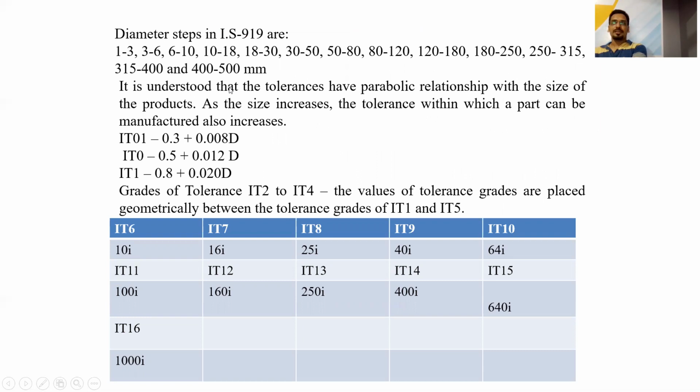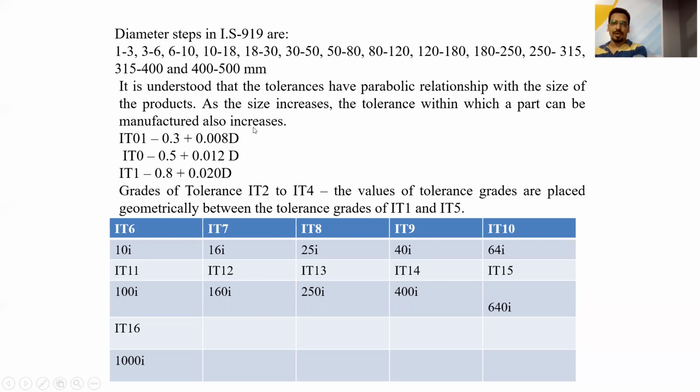Next, what are the various representations of IT01 to IT16? It can be understood that the tolerance has a parabolic relationship with the size of the product. As the size increases, the tolerance within which a part can be manufactured also increases.